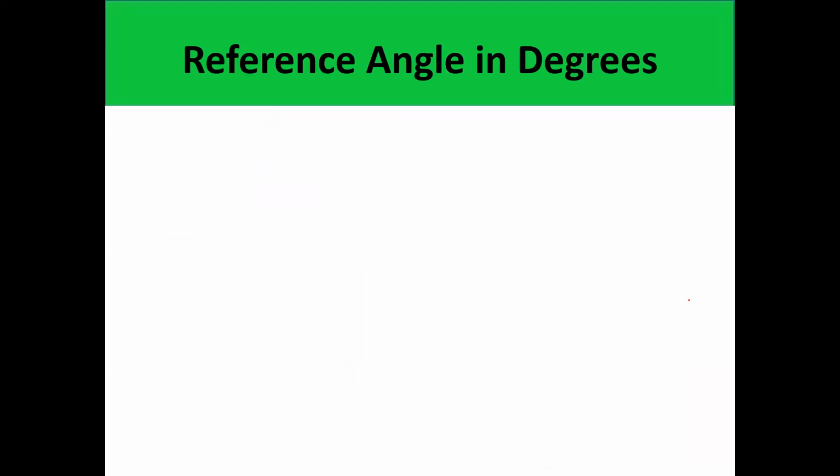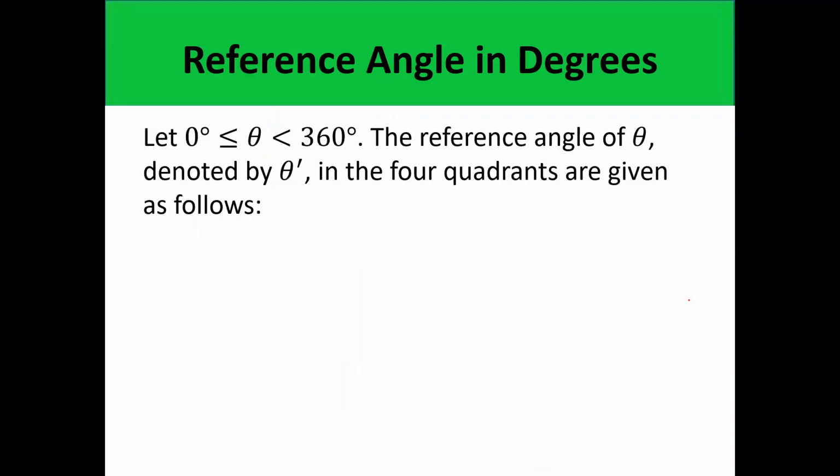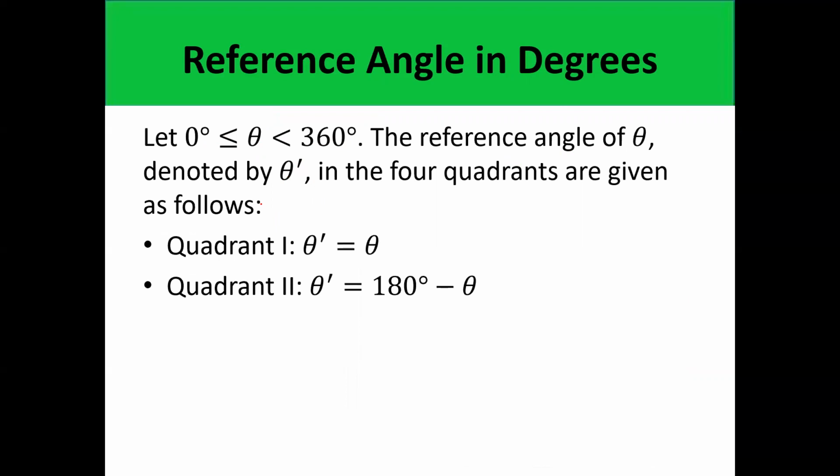To find the reference angle in degree measurement, suppose the angle theta is from 0 degrees to 360 degrees. The reference angle of theta, denoted by theta prime, in the four quadrants is given as follows. These are the formulas. In quadrant 1, the reference angle is the angle itself. For quadrant 2, it is 180 degrees minus the given angle.